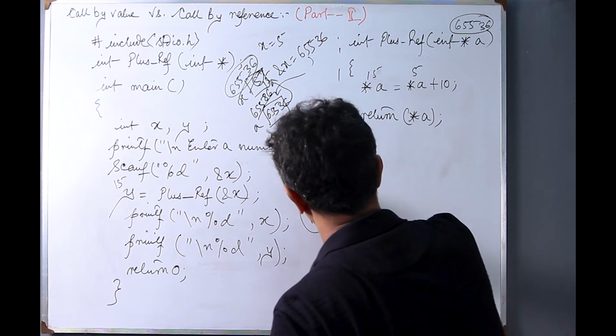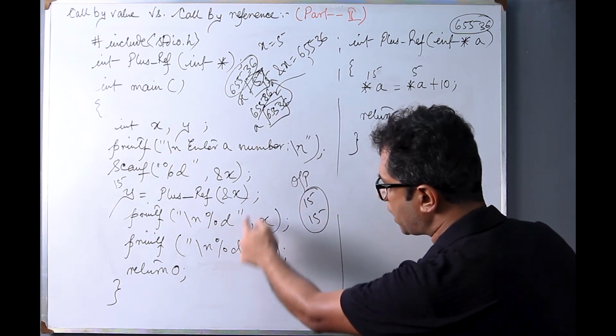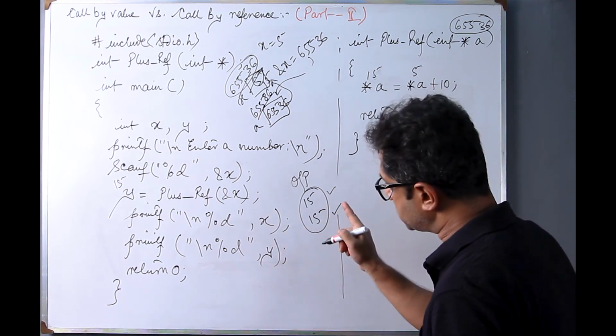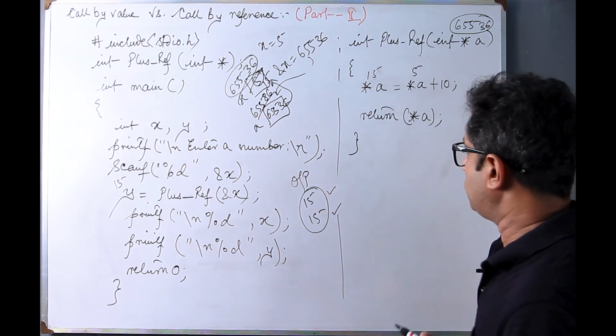So in this result we see that both the values are coming to be the same. So this is the difference between the call by value and call by reference.